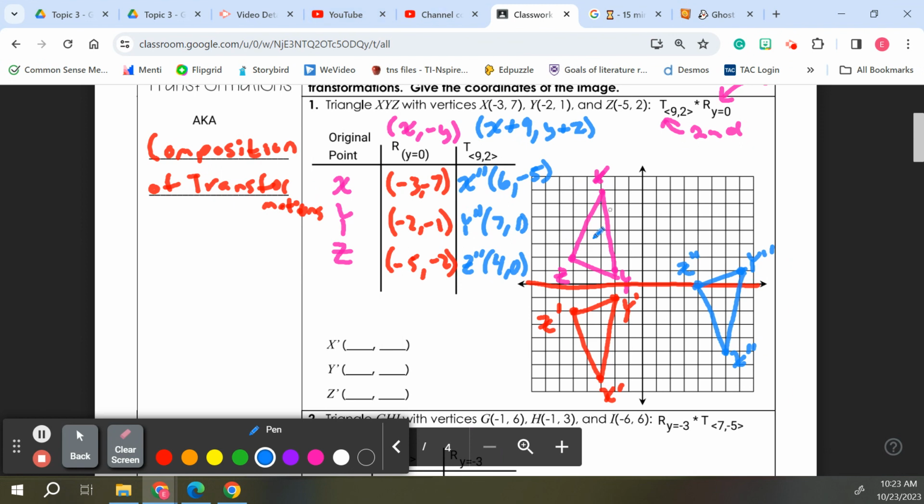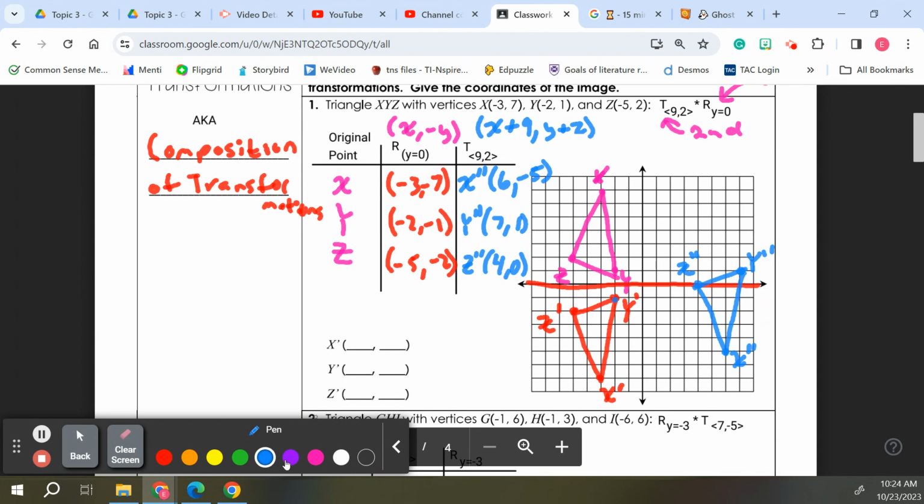So here is my first, my original. There is my second. And then if I pick a point and just count, this is going 9 over on the x, so 1, 2, 3, 4, 5, 6, 7, 8, 9. And then going up 2 from here, I end up getting y, so I think I'm okay.